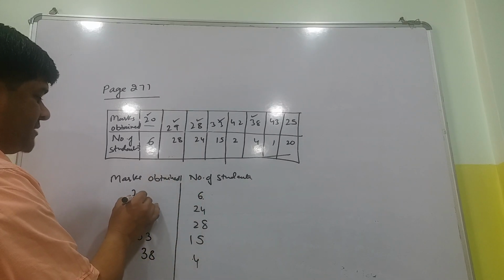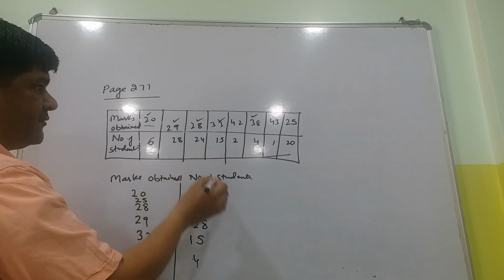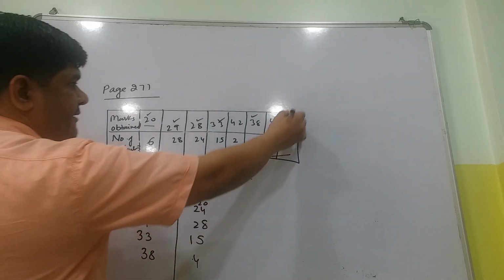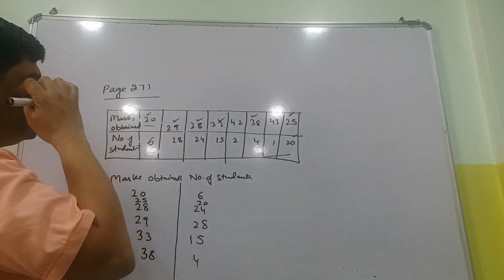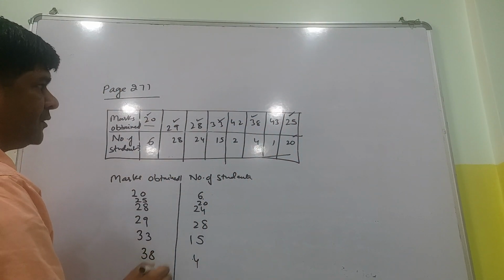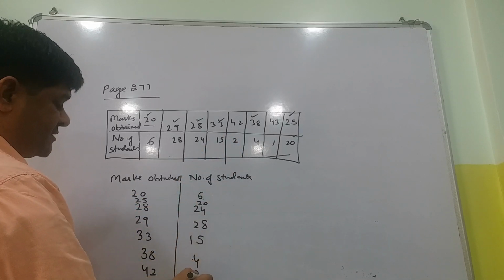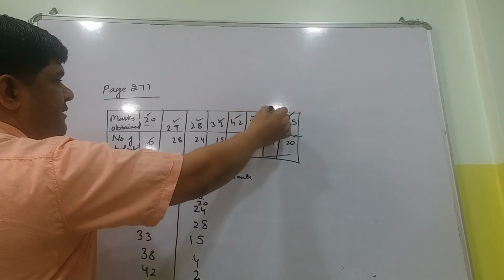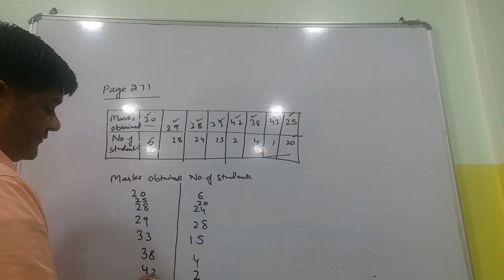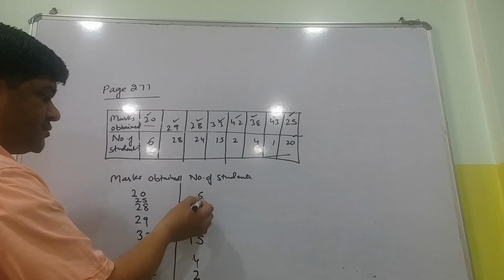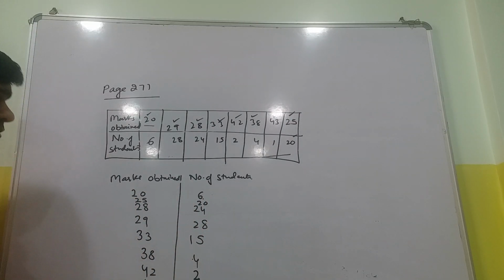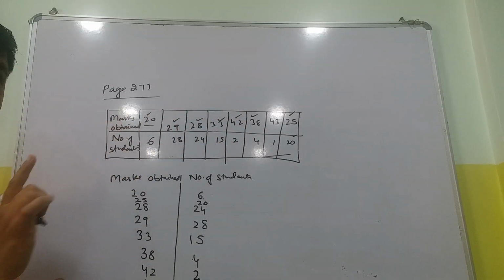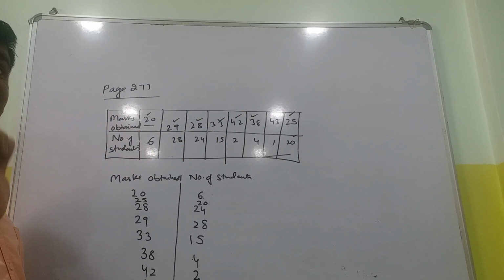Here 25 is also there. 25 has frequency 20. Then 42 has frequency 2. Then 43 has frequency 1. So I arrange the data according to the increasing order of observations, not the frequency.